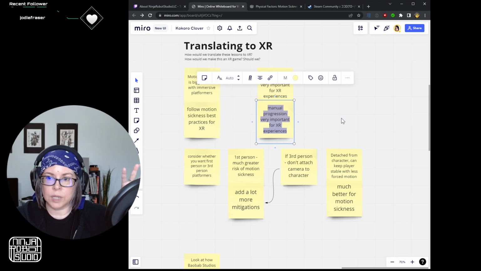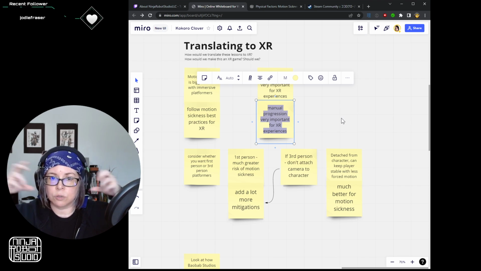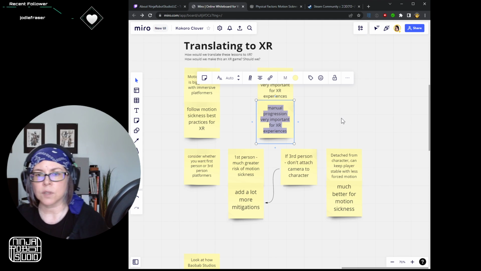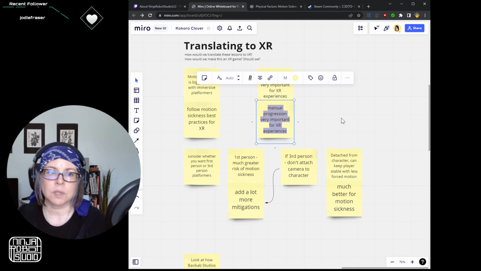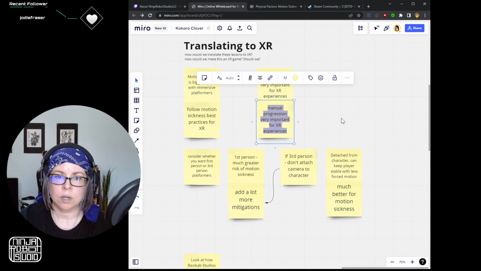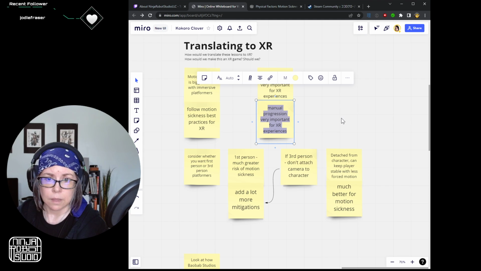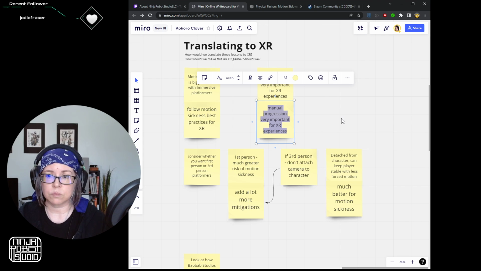So when something external distracts you, you have to take all that stuff off. So auto-progressing something when you're in XR makes them miss the entire thing. So you want them to be able to stop. And one of the big ways of doing that is manual progression.